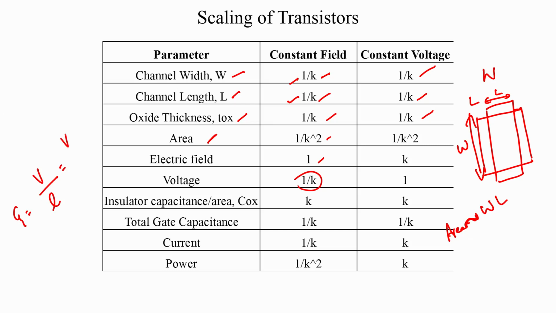Since the lengths have scaled down by a factor of k, we also need to scale down the voltages by a factor of k. So, the voltage in the case of constant field scaling will scale down by a factor of k. On the other hand, the voltage in a constant voltage scaling case will not change, it has to be constant, and therefore, the electric fields all increase by a factor of k.